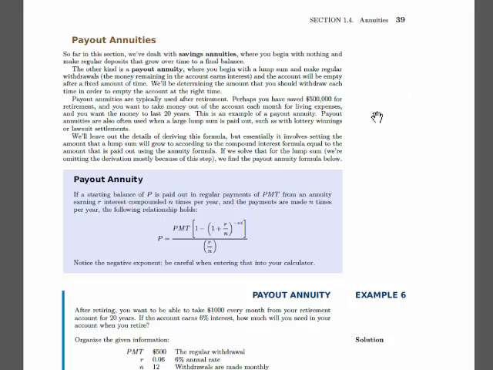Instead, you convert your retirement account into a payout annuity. You then receive monthly payments from this annuity, and the balance slowly drops, but everything that's left in the account keeps earning interest as it's slowly paid out. That's the idea behind a payout annuity.